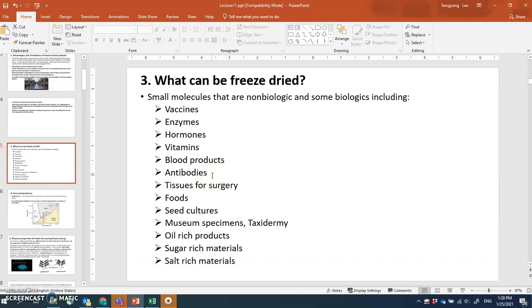Some tissue for surgery can be freeze dried and reconstituted. And food material, as I said, and seeds can be freeze dried and preserved for a long time. And museum specimens, like taxidermy, and oil-rich, sugar-rich, and salt-rich materials. So there are quite a lot of different products that can be freeze dried.